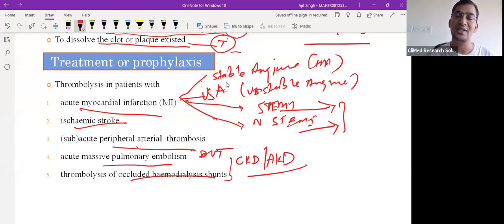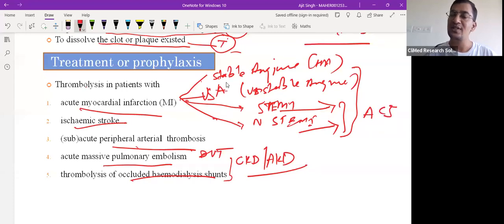So stable angina means the chest pain is there, but it is not needing any kind of urgent treatment. And the major thing in stable angina is that the pain usually goes with rest, okay, and it occurs only when the person is exerting with the exercise or with the work or with the daily routines, right? And unstable angina means it occurs anytime, but it is kind of serious, so unstable angina also is categorized into the ACS.